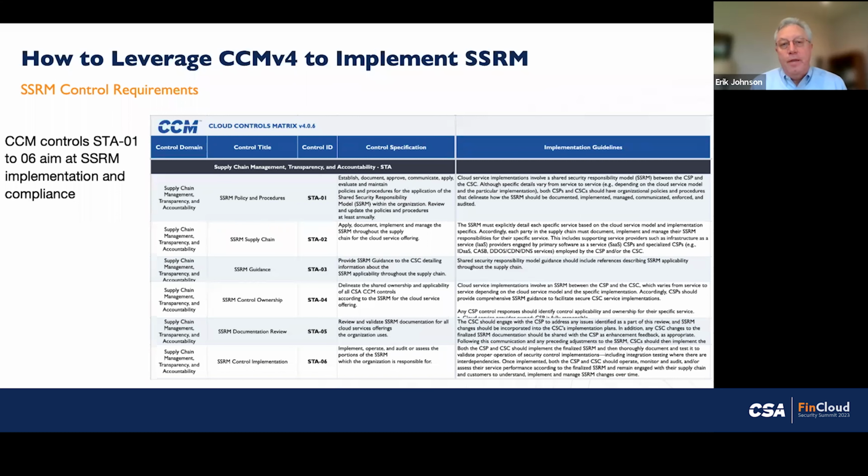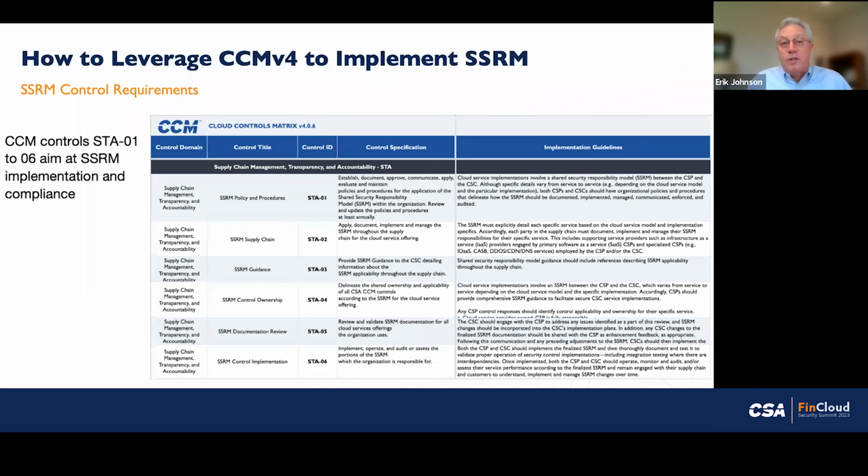And then the next one talks about actually doing it. And STA03 is important for the cloud service providers. It requires them to actually, since it's their service, they're the ones that are implementing it, they're making the first cut at delineating the SSRM in implementing their service in terms of what they decide to provide for customers, what controls, what capabilities, what configuration buttons and levers they provide for their customers.